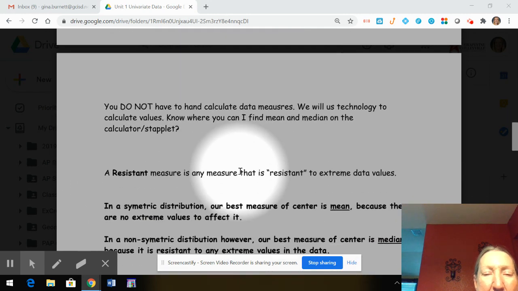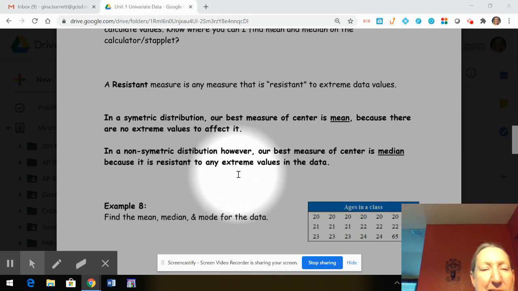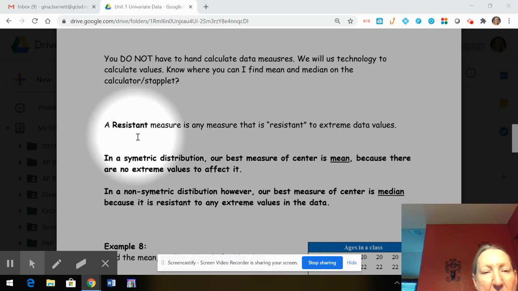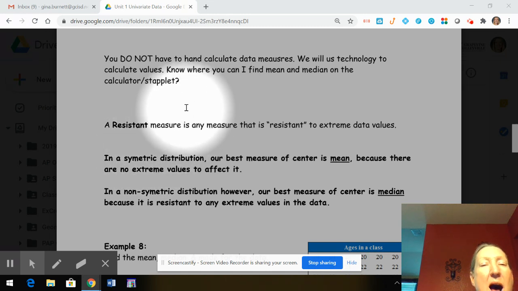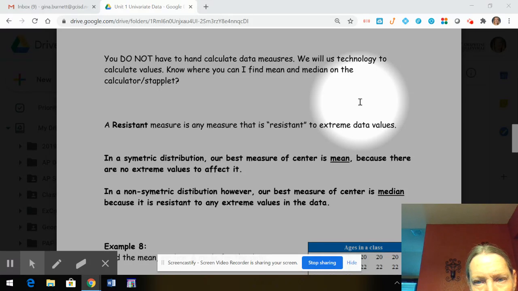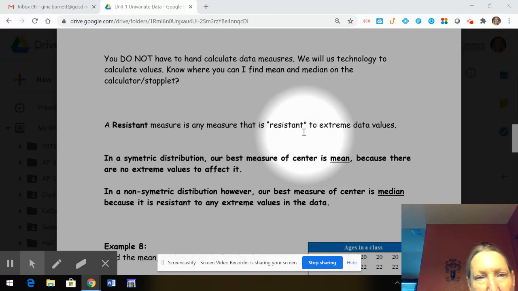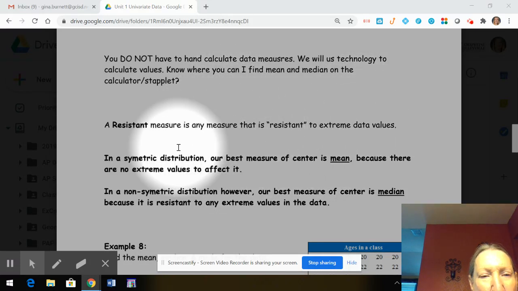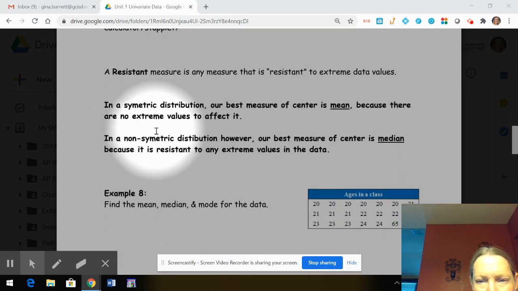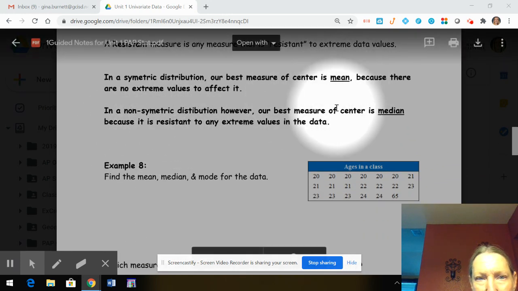We are interested in the idea of center as far as being a good representation of where the center of my data is. The value that we like best for center depends on shape. So I need you to make sure that you remember that you're always going to be looking at some sort of graph and looking at the shape and then choosing center based on that.